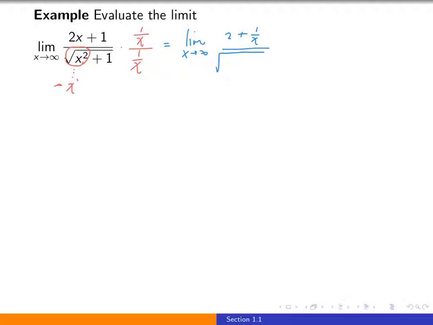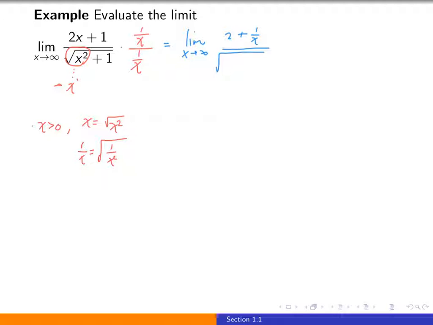So a key observation to make is that if x is a positive quantity, then x is equal to the square root of x squared. Now in this problem, we have the limit as x approaches infinity, which means it's a positive quantity. So we can rewrite the 1 over x as the square root of 1 over x squared.